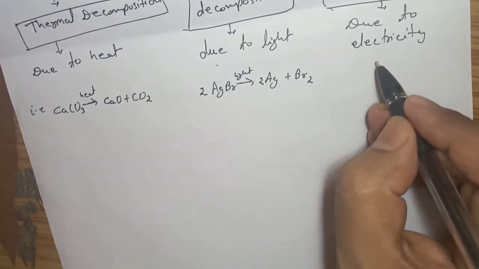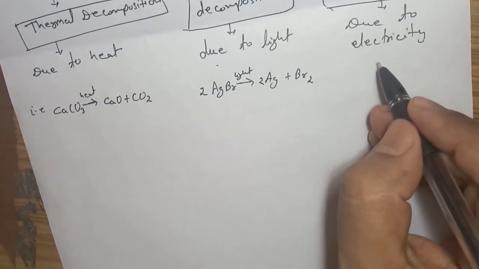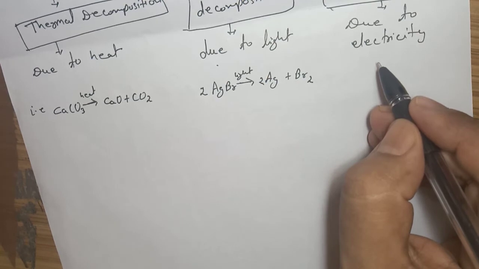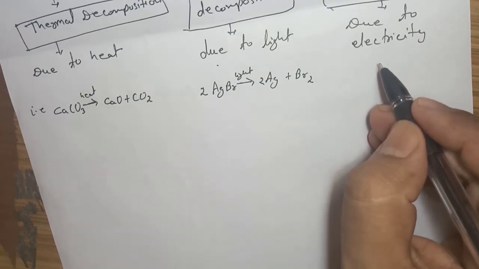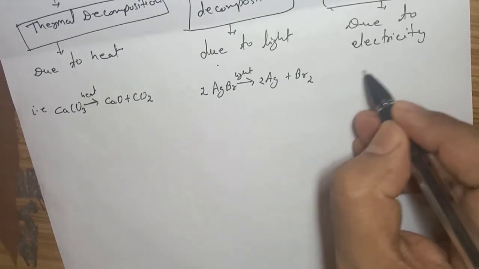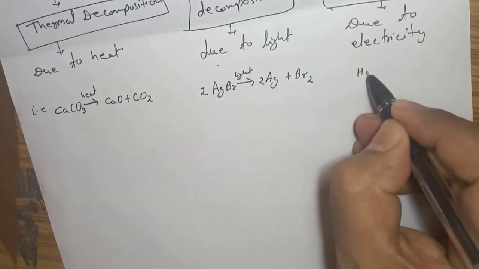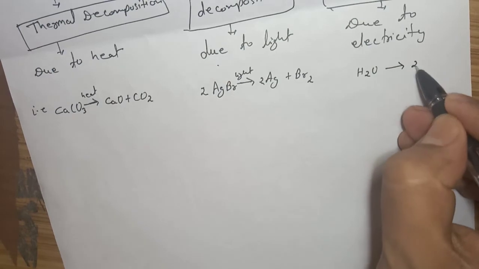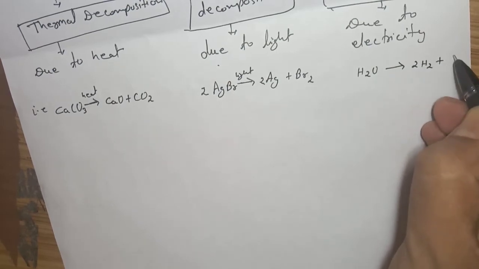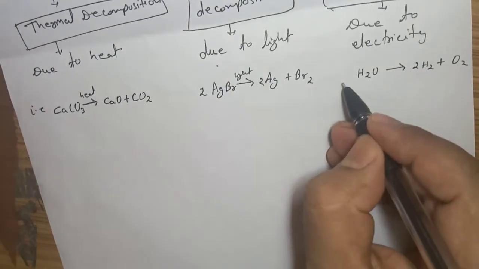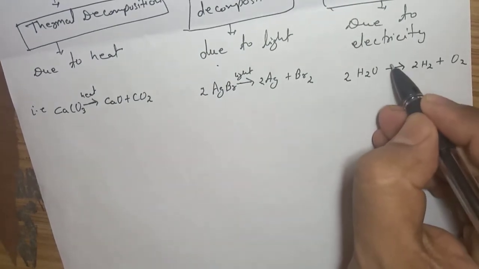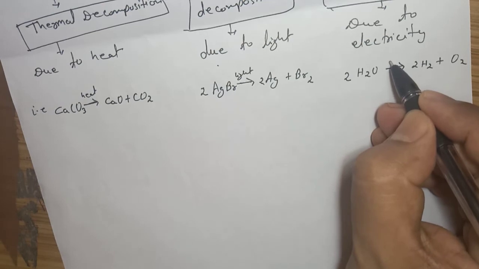After that, for electrolysis, we can take the example of water, H2O. When electrolyzed, it gives 2H2 plus O2, from 2H2O. So here an electric current is passed through.